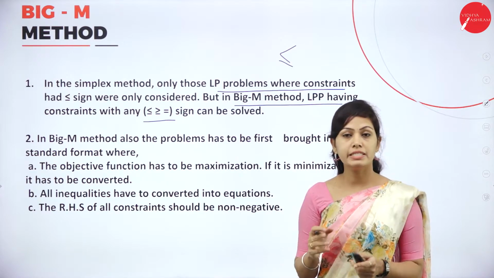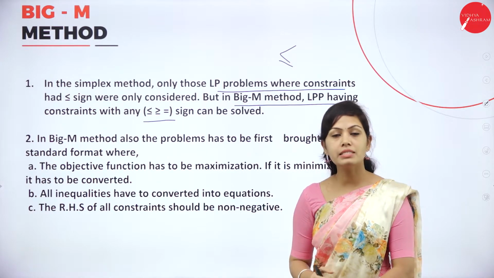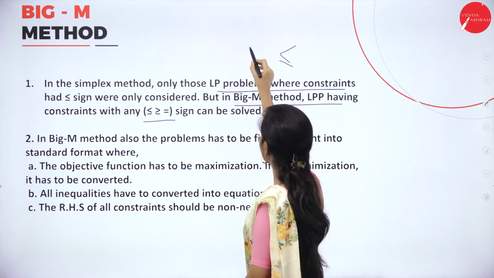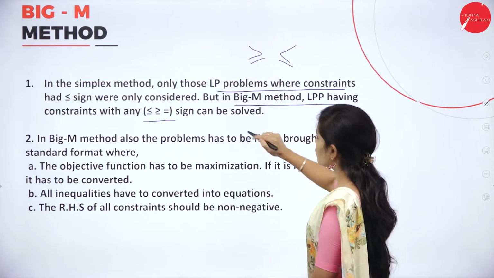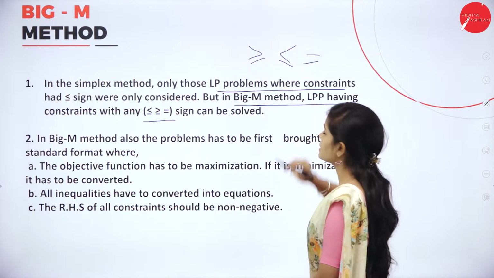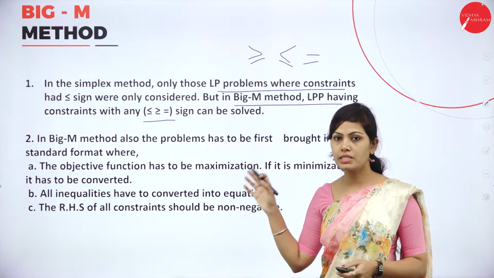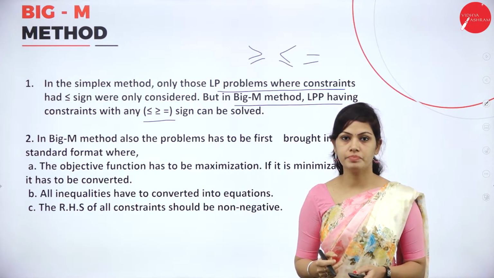Keep in mind, in simplex method, we get less than or equal to sign. But in BigM method, we can solve greater than or equal to, less than or equal to, or equal sign. So how to solve these constraints in BigM method?